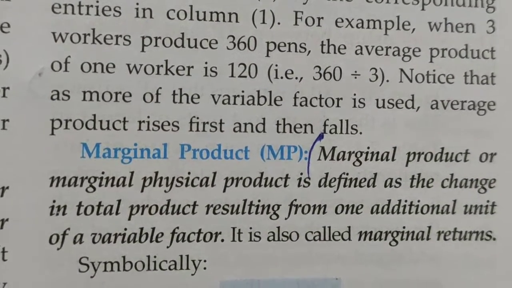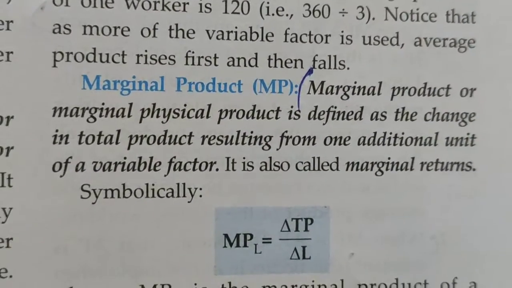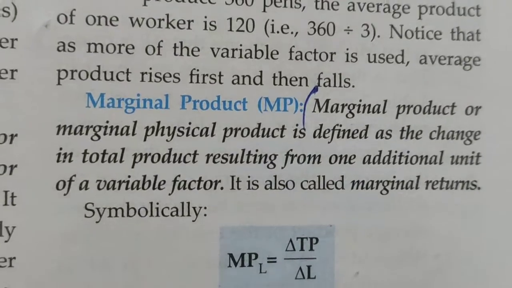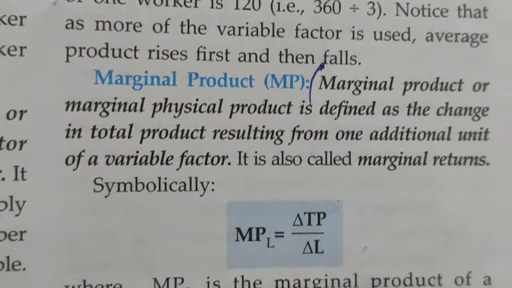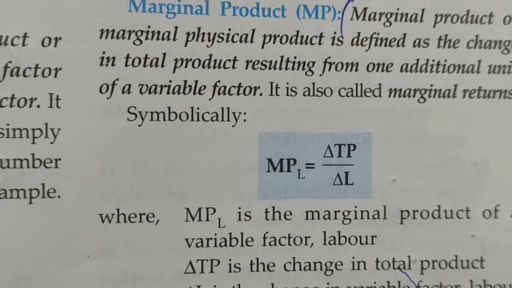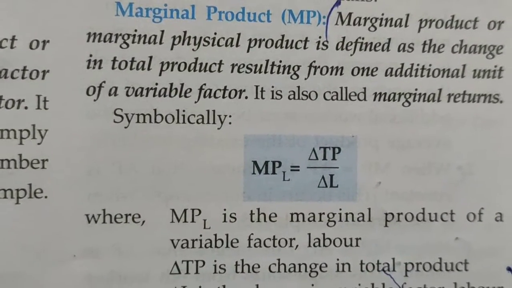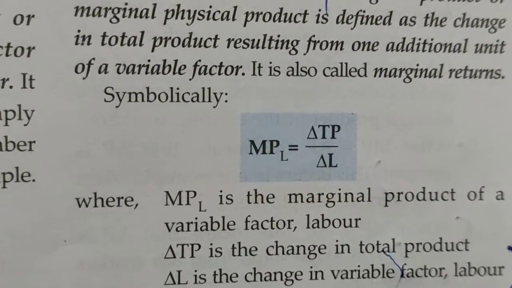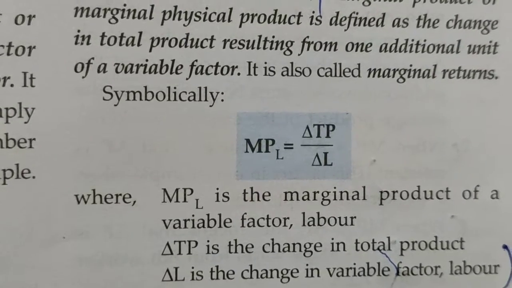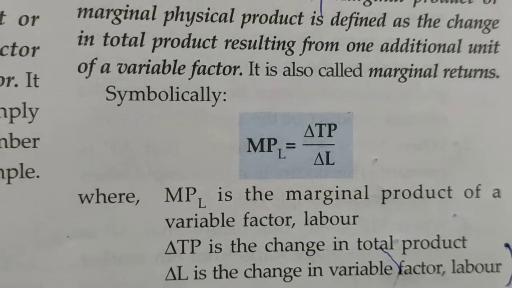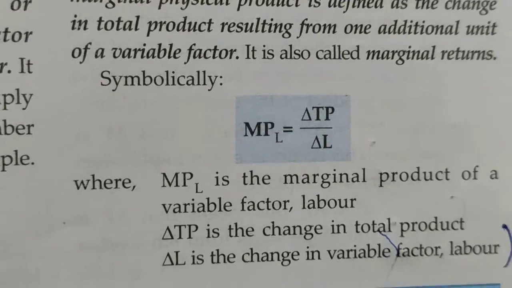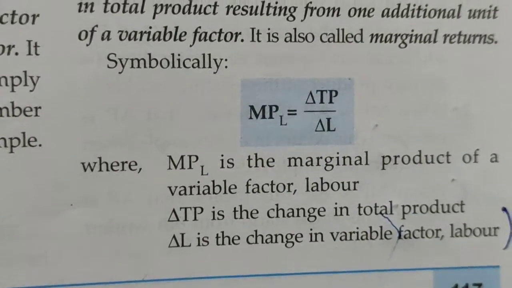It is also called the marginal returns. Symbolically, MPL equals delta TP divided by delta L, where MPL is the marginal product of a variable factor, labor, delta TP is the change in the total product, and delta L is the change in the variable factor, labor. So that's all.